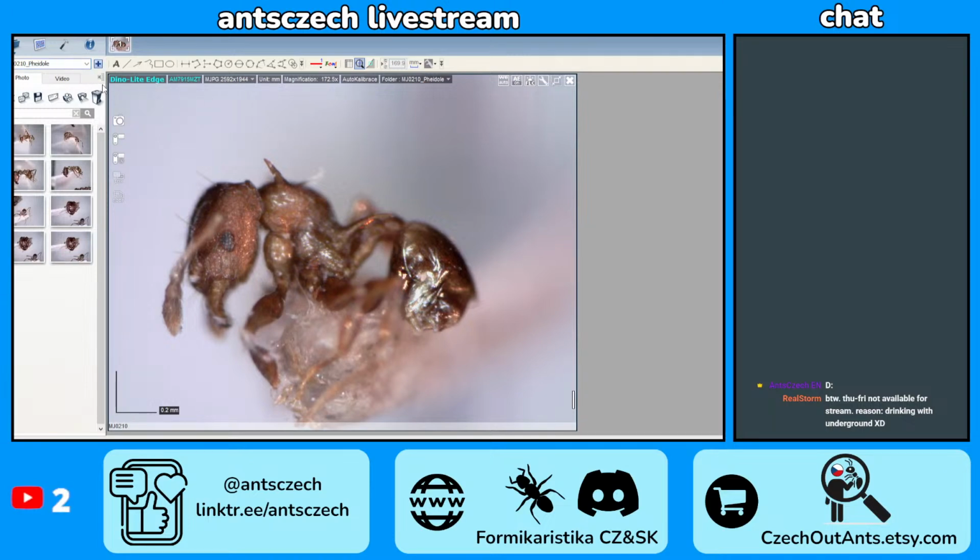Wait, it reminds me, this is Pheidole, right? Uh-huh. That reminds me, I think I also had a Pheidole with a super long spine, which even got an ID to species despite my horrible pictures. Let's see, it was Loktita. No, look, it had longer spines than yours. It was like super crazy.